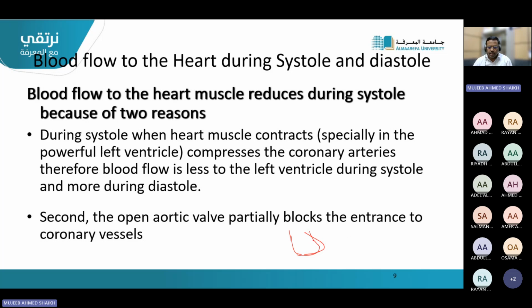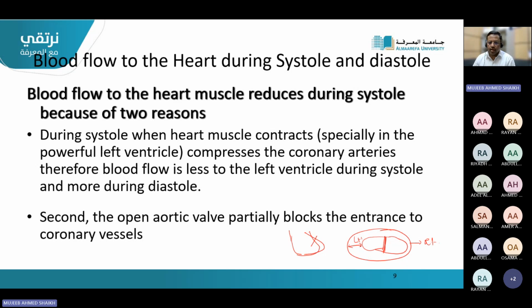If you take a cut section, this is the cavity. Consider this right side, because it is thin, and this is the left side, and this is the interventricular septum.